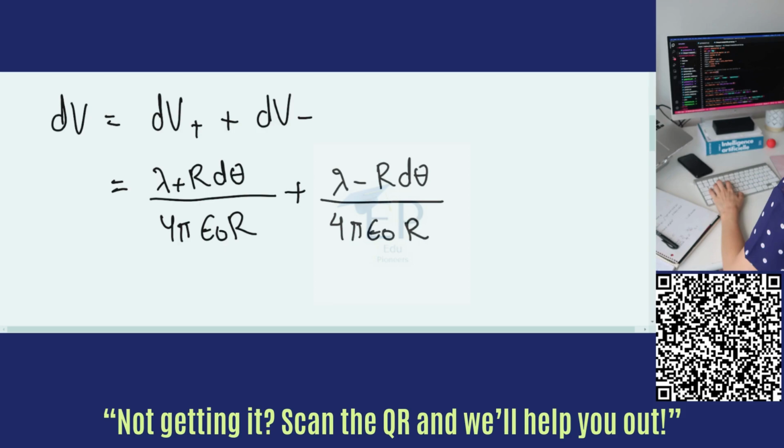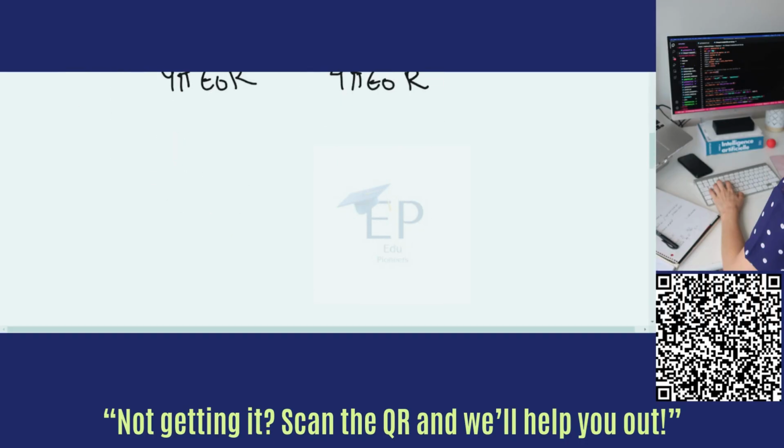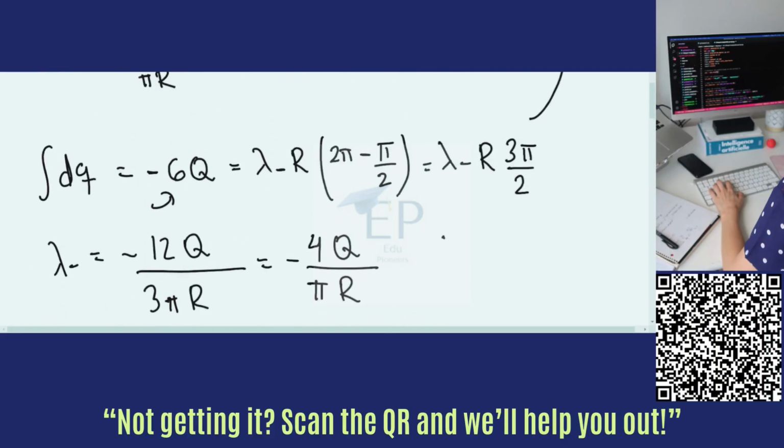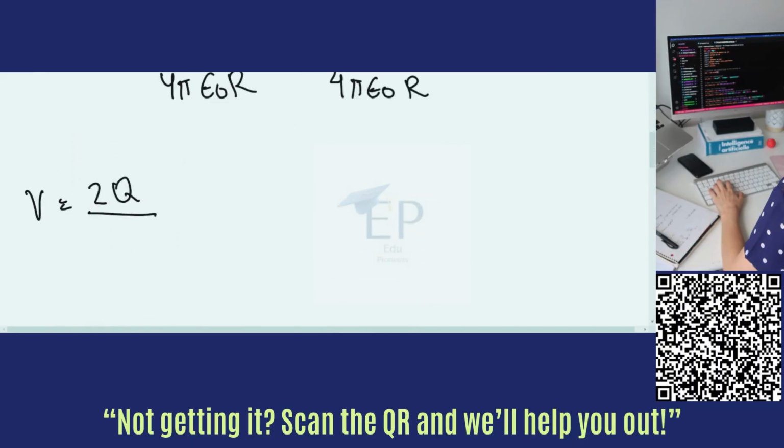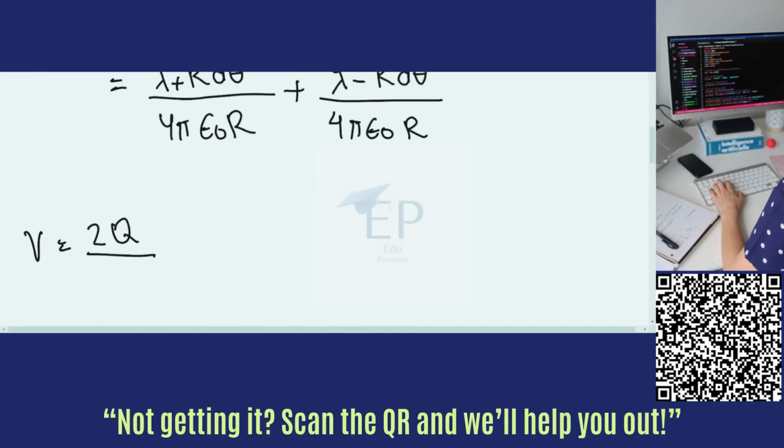When we integrate this, we are going to obtain the result that we just have obtained. So we will have the value for lambda, which is 2q over pi r for the positive part.